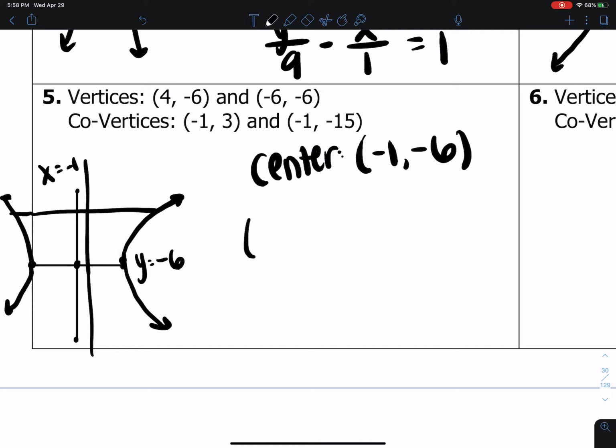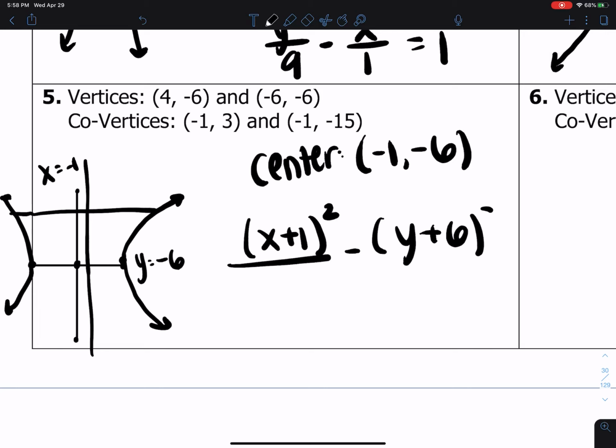And this is a horizontal hyperbola, so we have x plus 1, x goes first, and then y plus 6, because y goes second, and that's equal to 1. Now the distance from the center to a vertex, we're going from -1 over to 4, or -1 to -6, so that's 5 units. So that's 25.